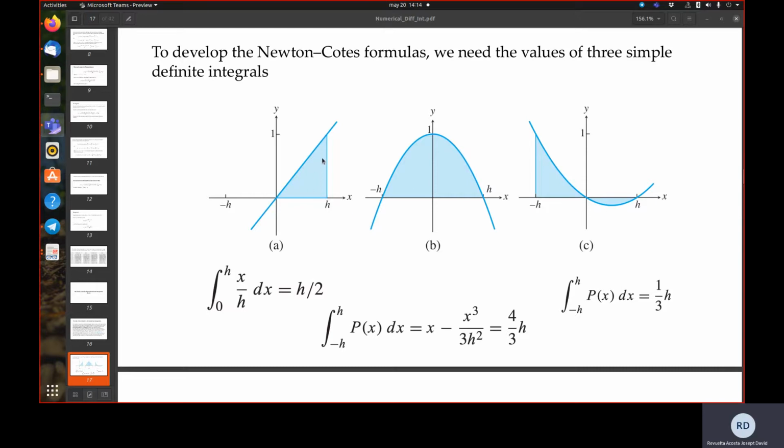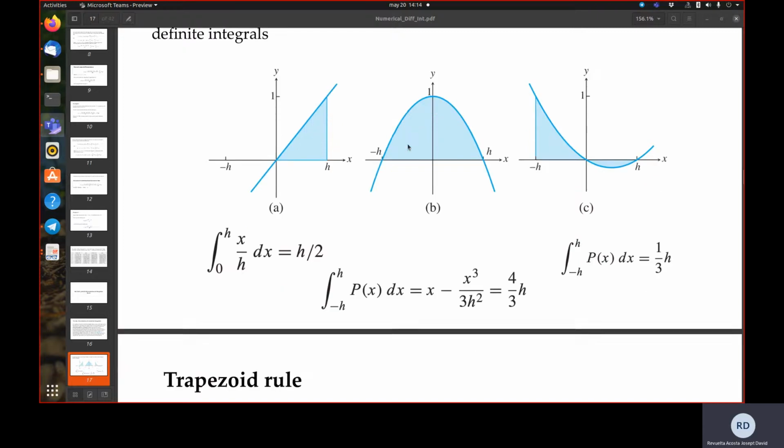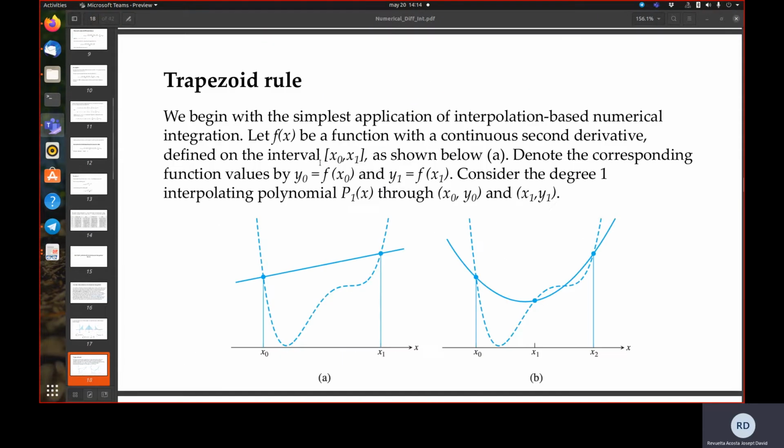This could be solved as a trapezoid value, once we move this to higher values. This could be solved by Simpson's rule, the Simpson's rule of integration, and this is actually a mixed or composite approximation of these two formulas, or these two components. We're going to see this later on, but we're going to start with the easiest one.